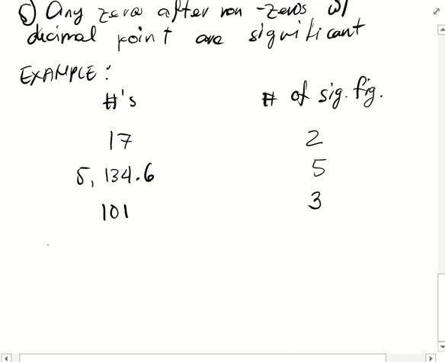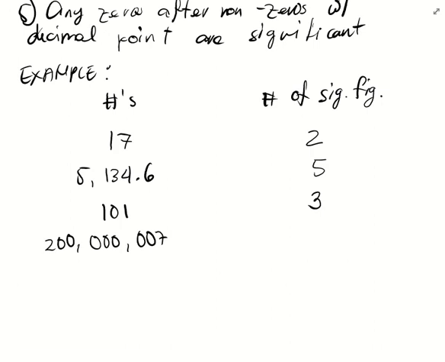Next, another one. How about 200,000,007? So how many significant figures are there? There are so many zeros here, but all these zeros are considered significant. Why?